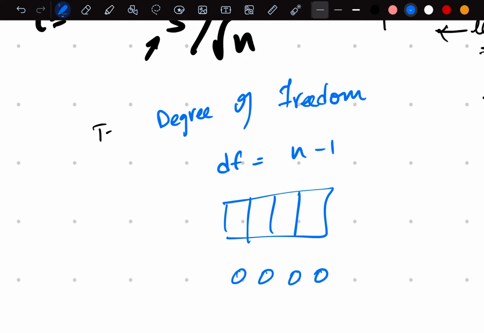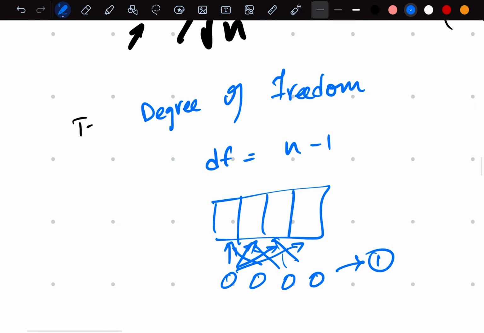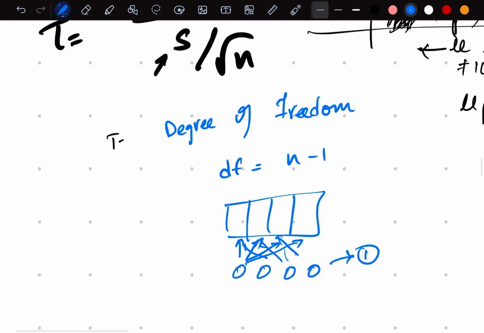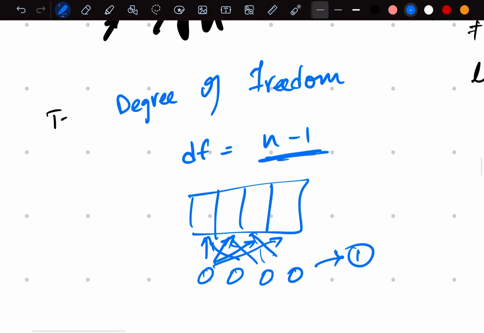The first guy will have four options to choose. The next guy will have three options, because one will be occupied. The next will have two, and the last guy will have only one. In a sense, he has no freedom to choose. So the last guy always remains without freedom. That is called degree of freedom, so it is always n minus one.